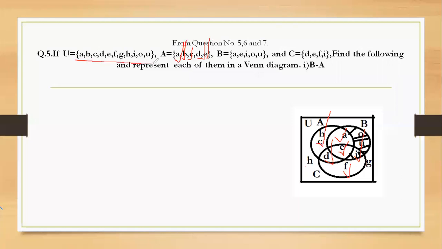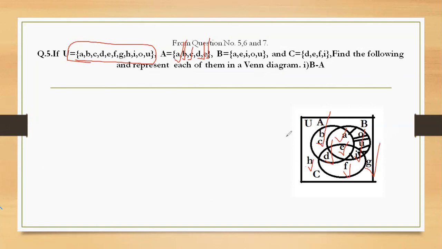What is remaining from this universal set? Write them outside. H and G are left from the universal set. Write them outside.